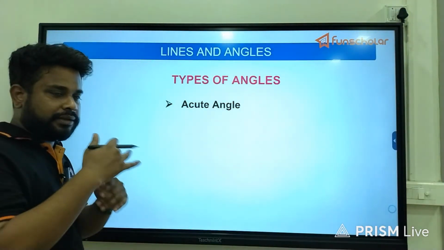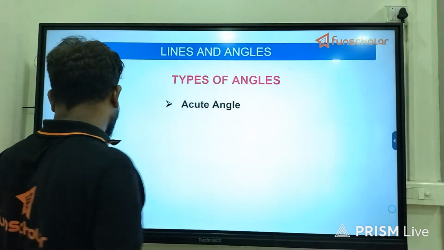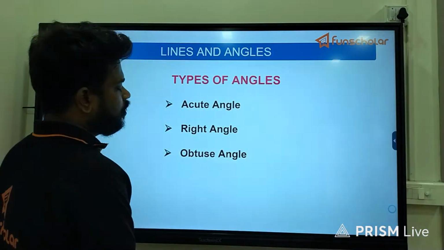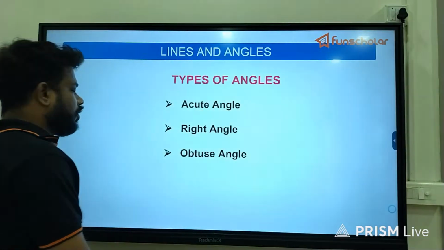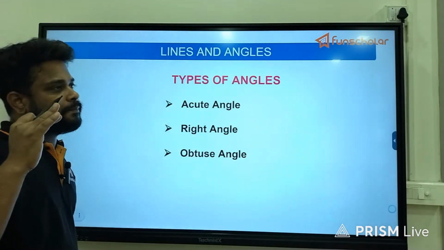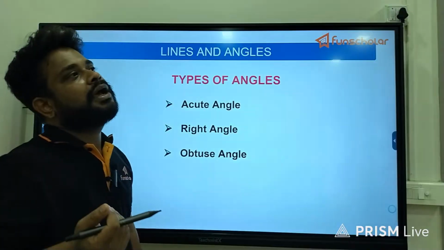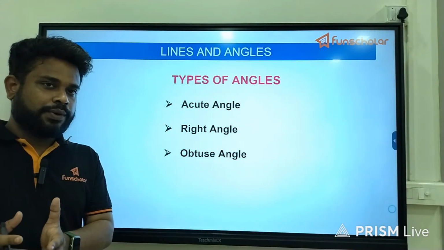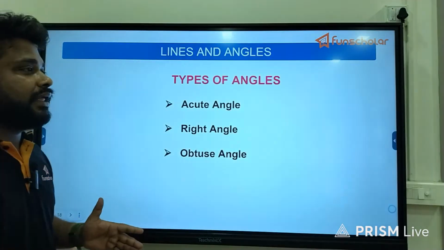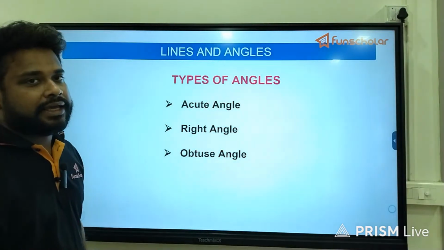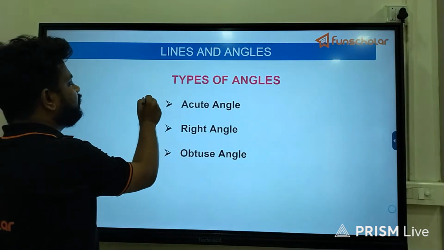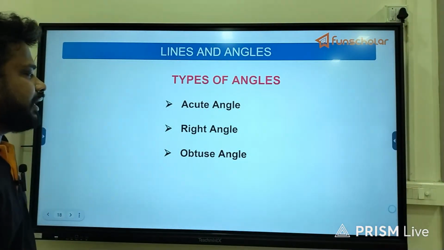The definition of angles has already been revised. Now there are three types of angle: acute angle, right angle and obtuse angle. For a little information, people generally mistake angles for triangles. Don't make that mistake. There are six types of triangles, three by side and three by angle, and there are only three types of angles: acute, right and obtuse.